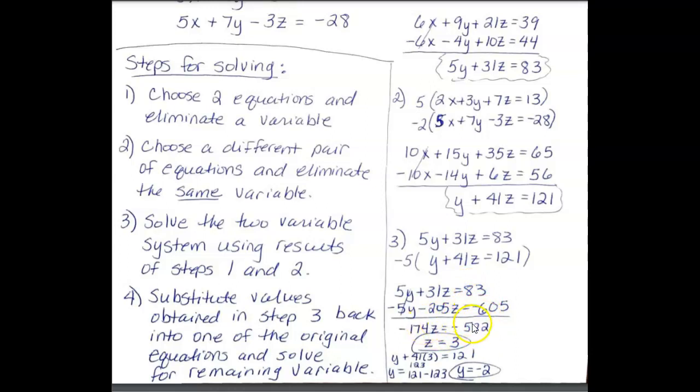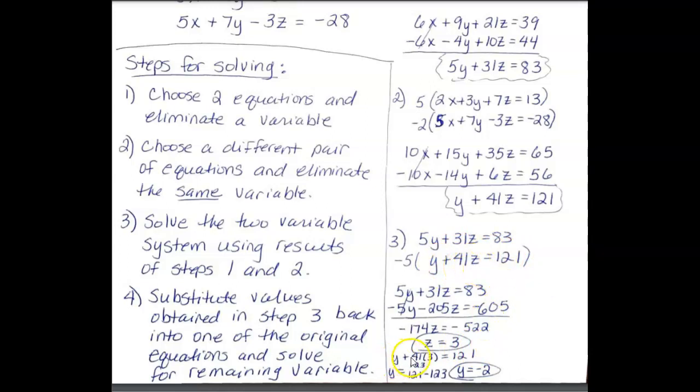So dividing both sides by -174 gives me the z value of 3. So I have found one of my 3 variables. So to finish solving this system in step 3, I'm going to take my answer I got for z and plug it back into one of the originals. I chose to use this second equation to plug in my 3.